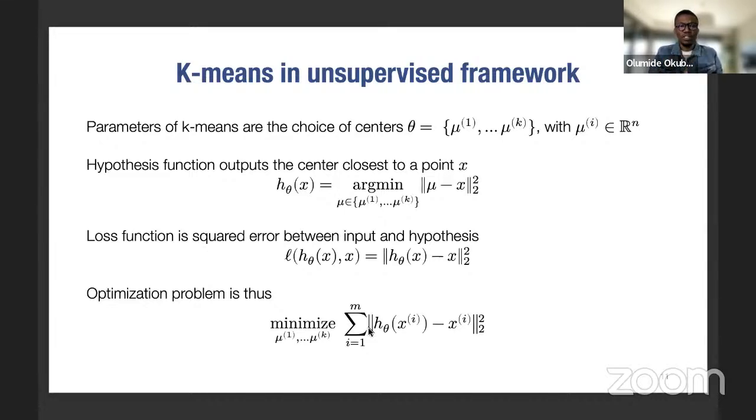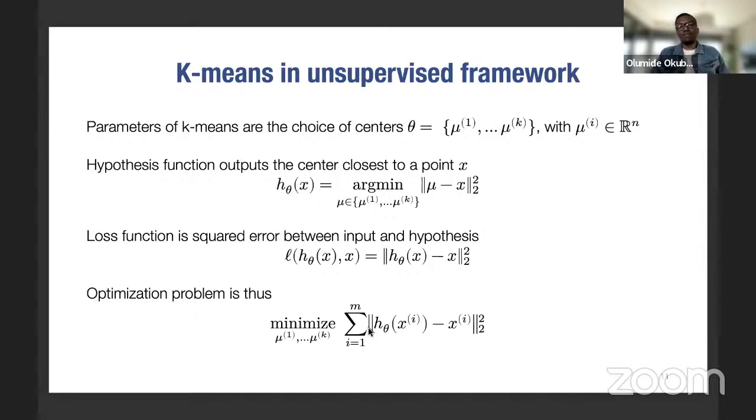Yeah, and the loss function is the squared error between the input and the hypothesis. Now, what this means, in a sense, is it's not like supervised learning where you have a target and then you say your loss is the mean squared error between your target and the output of your hypothesis. No, this one is different.